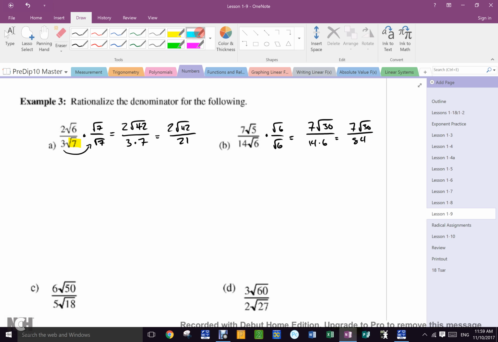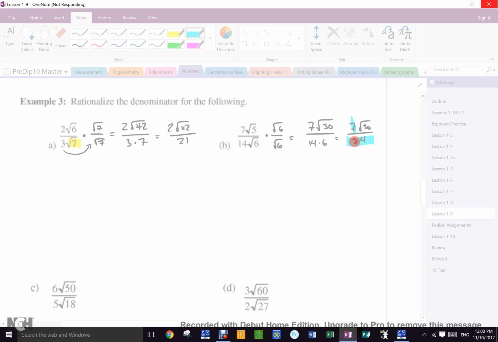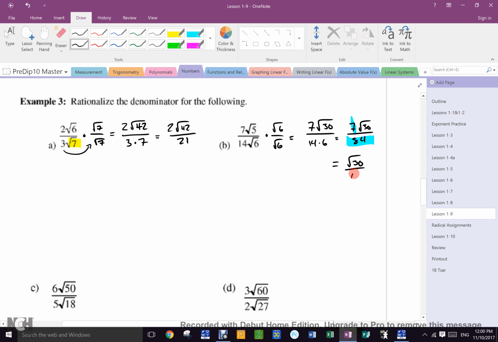What are you going to do there? Simplify. Why? Because you can. 7 goes into 84, yes? How many times? 12. So what is this really? Root 30 over 12. Root 30 over 12. Is everybody cool?